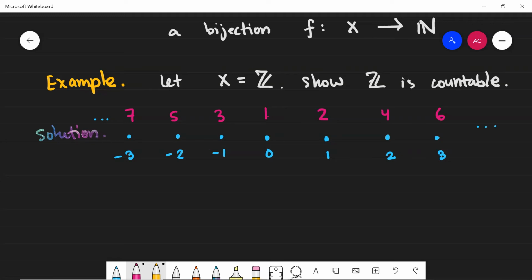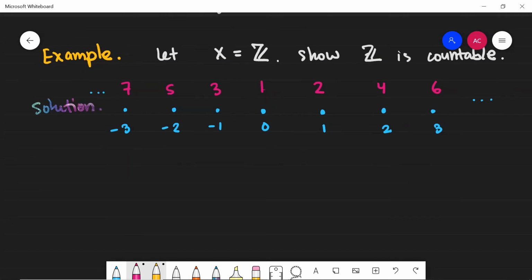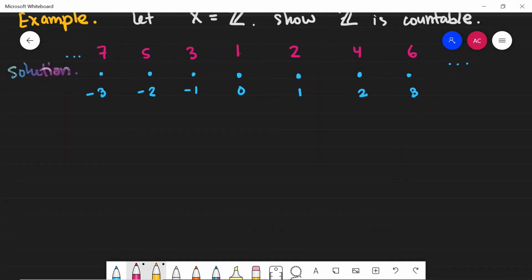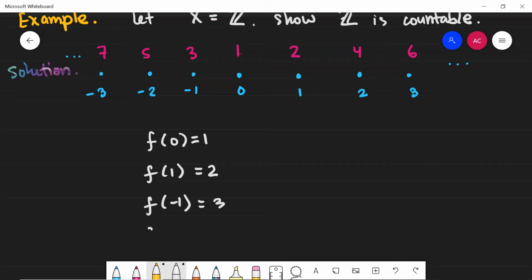So what I can actually do now is try to come up with the function. So the function that I've defined, let's just write down some of the values. F of 0 was 1. F of 1 was 2. F of negative 1 was 3. F of 2 is 4, etc. Right?